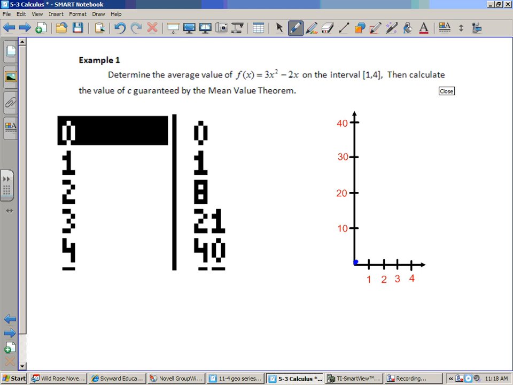So 0, 0. Well, 1, 1 is not going to be very high, so we'll put it maybe right about there. 2, 8. Well, a little short there, probably. 3, 21. Right there. And 4, 40 right about there.